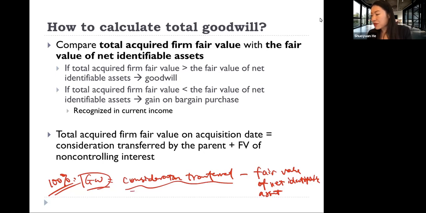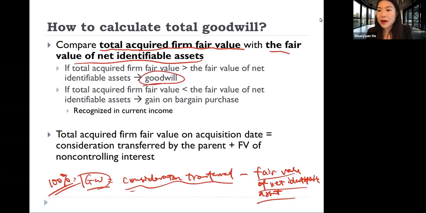Because now the parent is buying less than 100% of the subsidiary, the total goodwill is the difference between the total acquisition fair value and the fair value of the net identifiable asset. If the total acquisition fair value is more than the fair value of the net identifiable asset of the acquiree, the difference is goodwill.